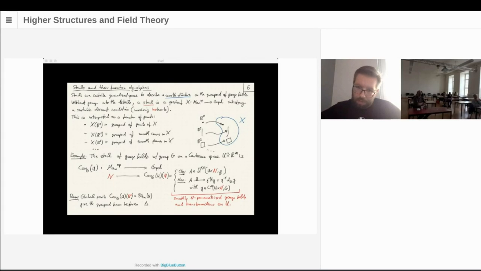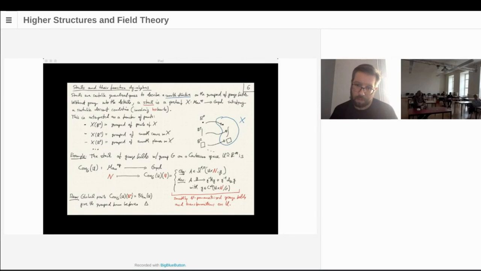And that is sufficient to do many things in differential geometry. You know what tangent vectors are, you know what forms are using this language. So instead of describing a space by putting charts on it, the functor of points describes a space and its smooth structure by telling you how all test spaces map into it.